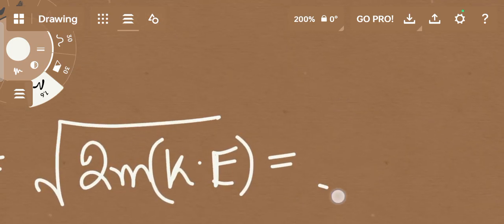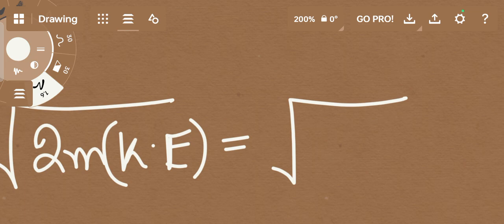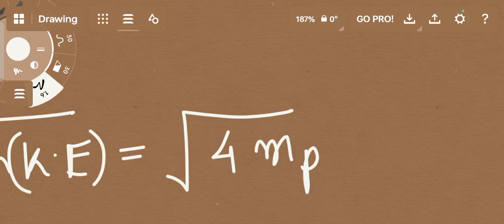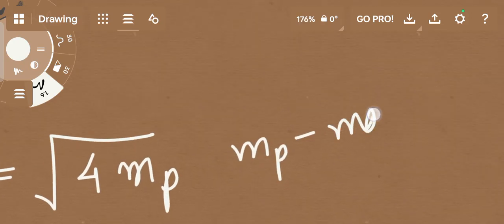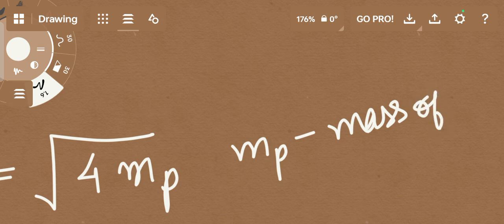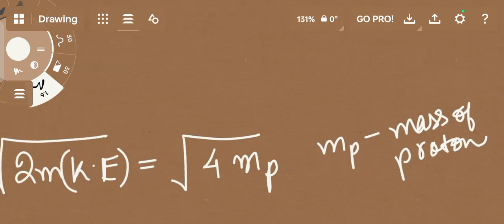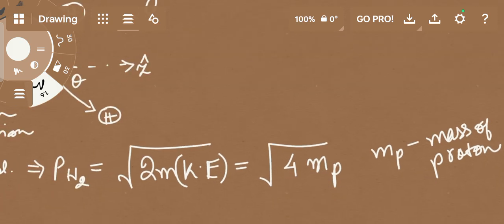So this will become 4 m_p, where m_p is the mass of a proton, because there are two atoms, so two protons, and so 4 m_p.